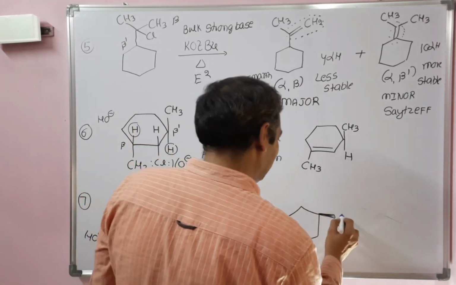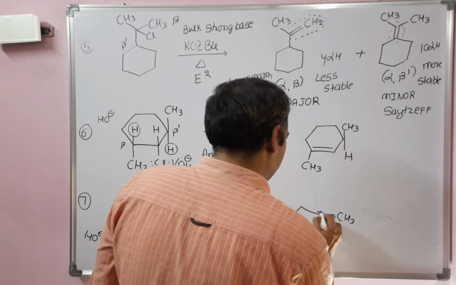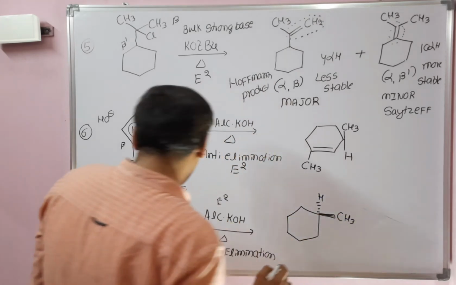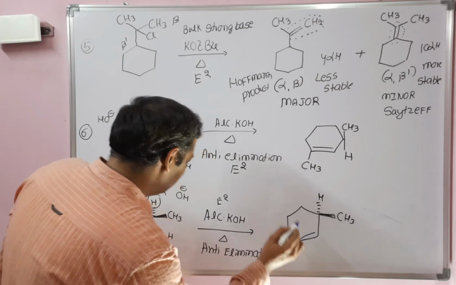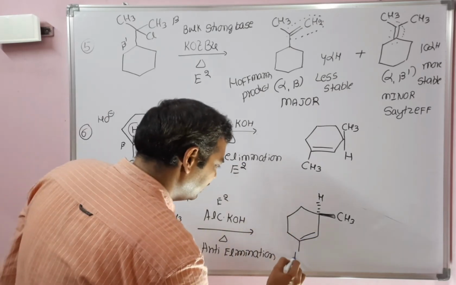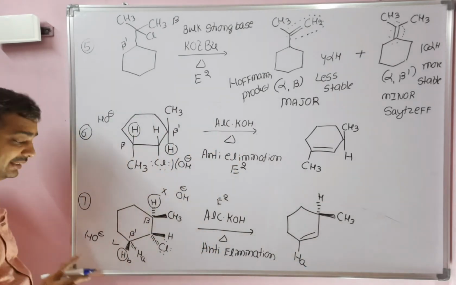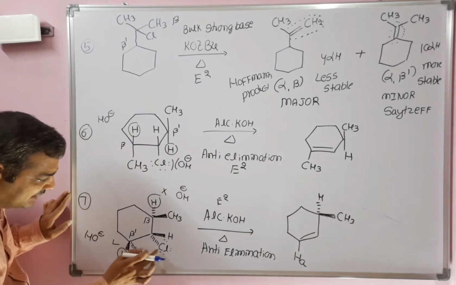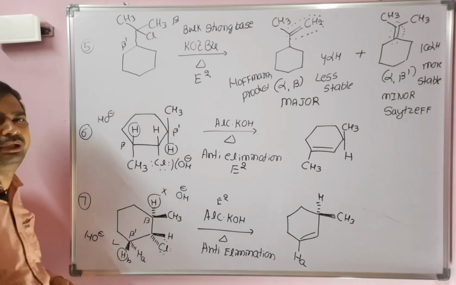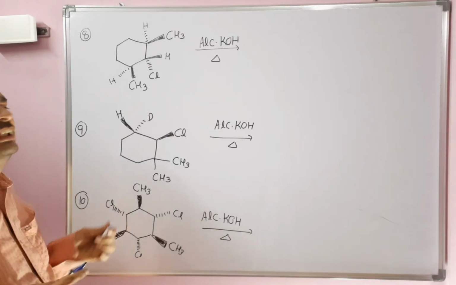Then the product obtained is CH3. It is not possible to abstract this proton. The double bond in the product is this one, and the hydrogen removed is HB, because this is anti-position to the chlorine. Clear? Okay. Next example.